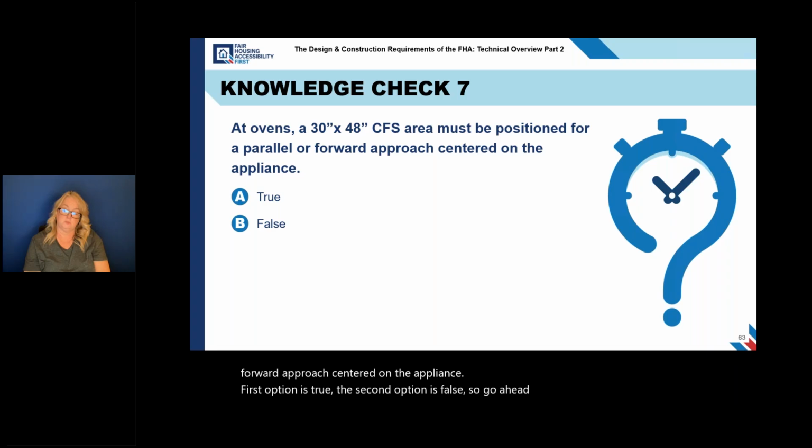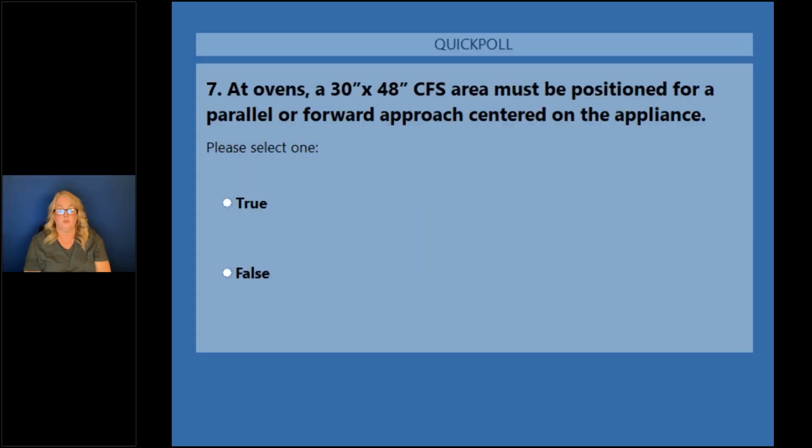So go ahead and launch this poll. Again, this reads, at ovens, a 30-inch by 48-inch clear floor space area must be positioned for a parallel or forward approach centered on the appliance. The first option is true. Second option is false.